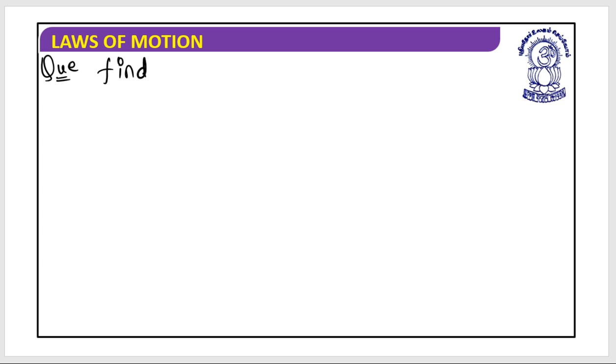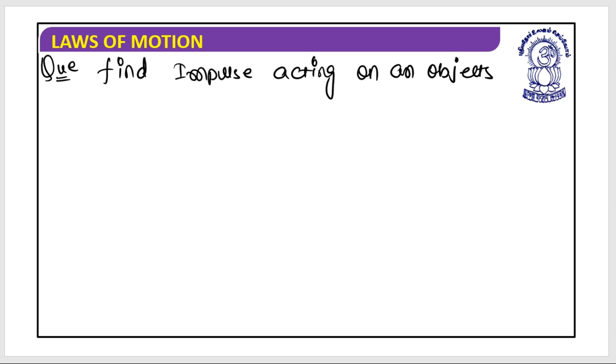Find the impulse acting on an object for the given x versus t graph.